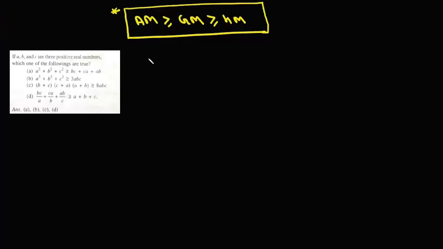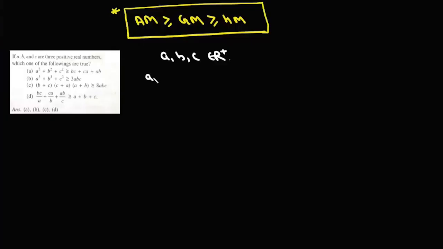Now the first question is, if A, B, C are three positive real numbers, then which of the following is or are true? This first one is A square plus B square plus C square is greater than or equal to BC plus CA plus AB.